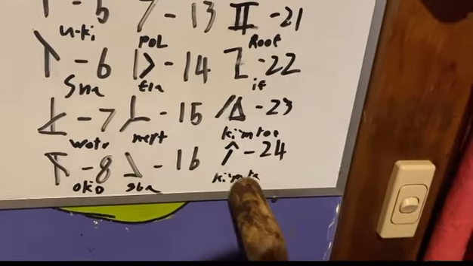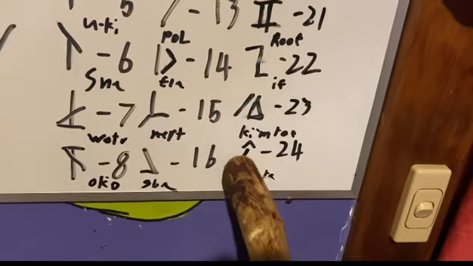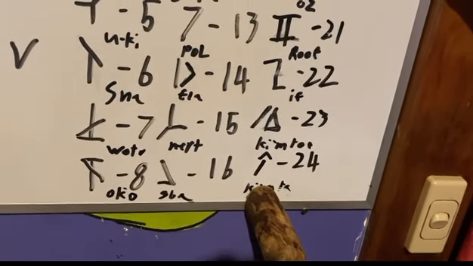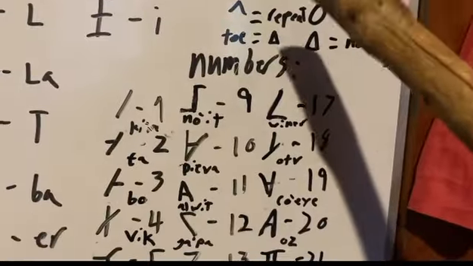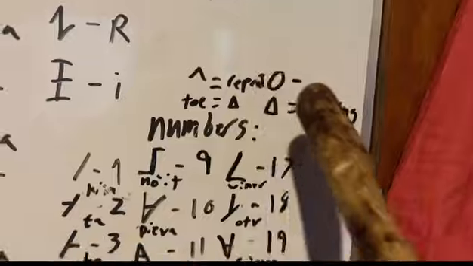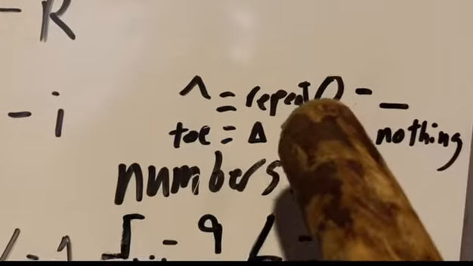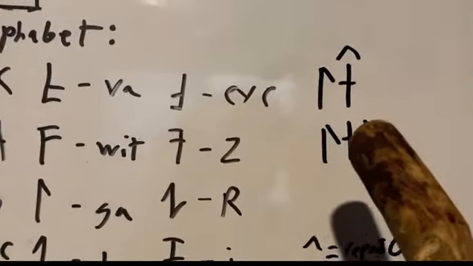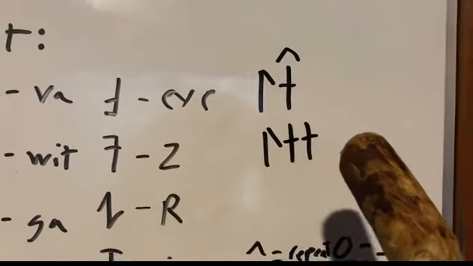And here we got the repeat sound, so it would be kaim, but that repeat sound does have its own sort of sound, and I haven't written it up here, but it means ta. So this character means repeat, and when it's used with characters, it's not ga ik ta, it's ga ik ik.